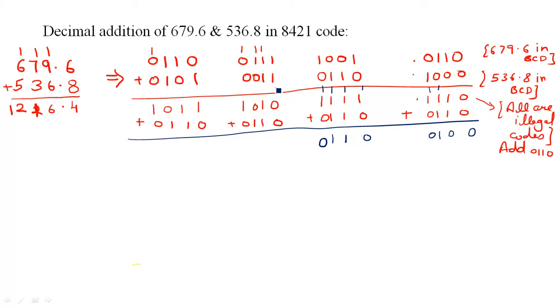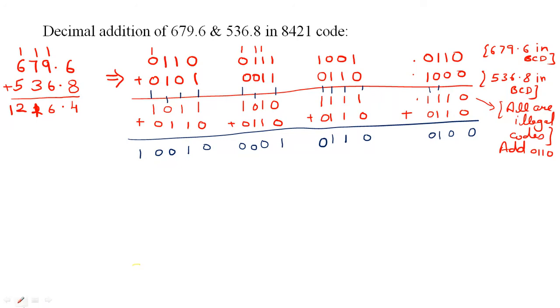Again propagate this carry here. Then 1 plus 1 is 0, carry 1, and so on, propagating the carry. This is our final carry.